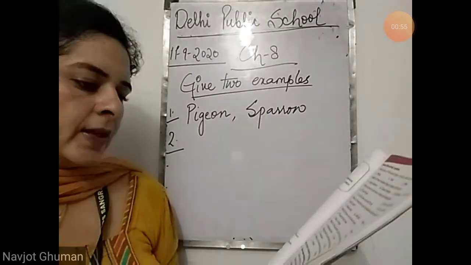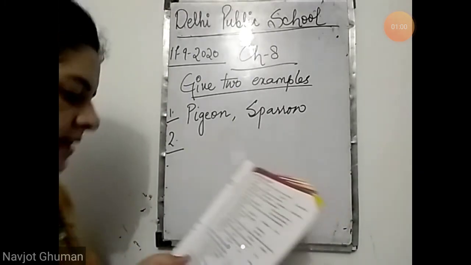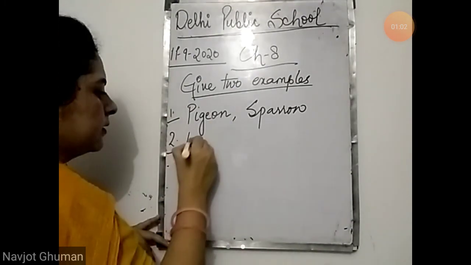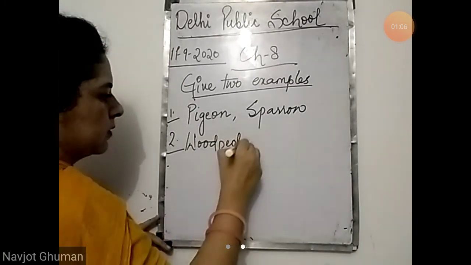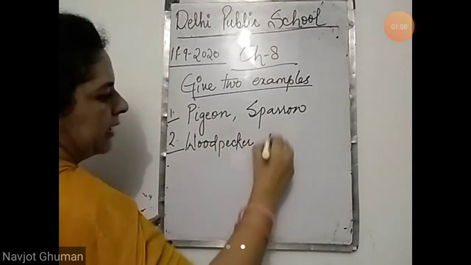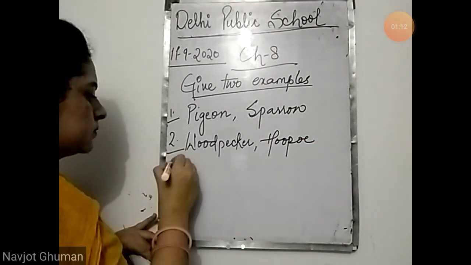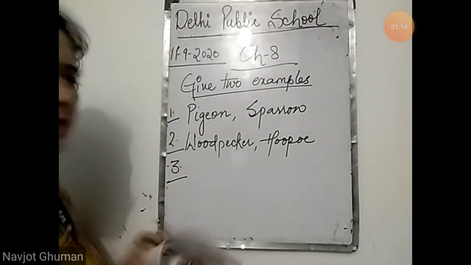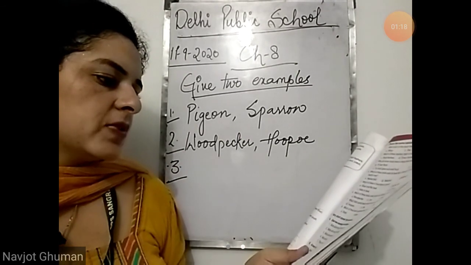Next is birds with strong pointed beaks, that are the woodpecker and hoopoe. Next, birds with webbed feet.